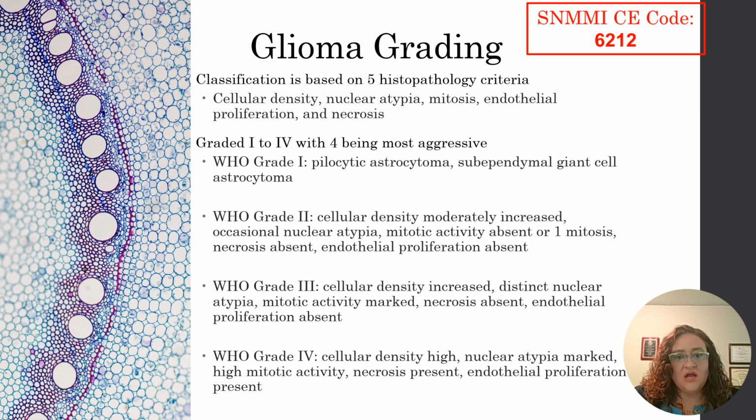Grade 4 gliomas are marked by high cellular density, nuclear atypia, high mitotic activity. There's necrosis present within the bulkiness of the tumor, and then there's a lot of endothelial proliferation present.